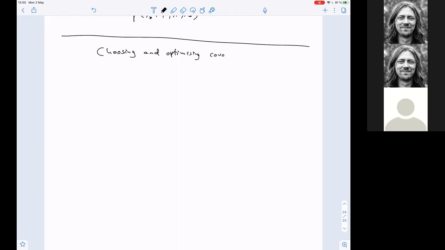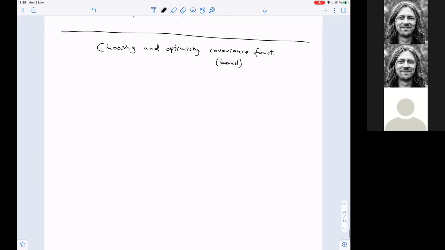I tend to rather call it a covariance function because that says more about what it actually is. But of course, we're just talking about the kernel. And this is what is choosing our prior.